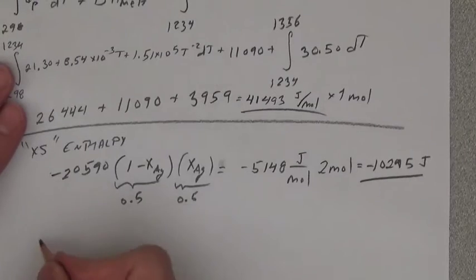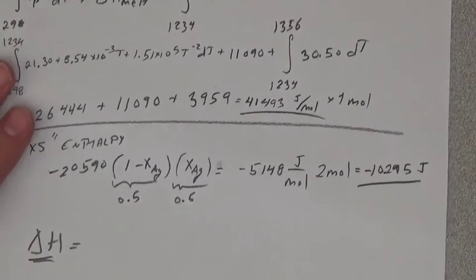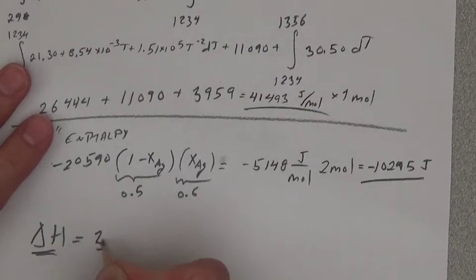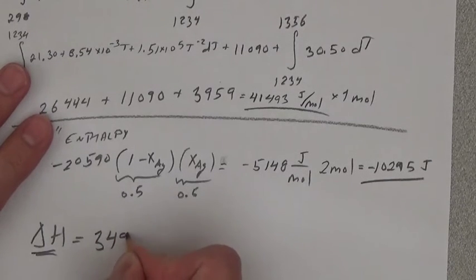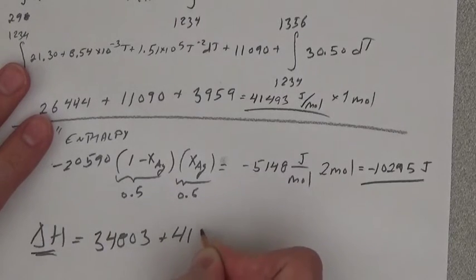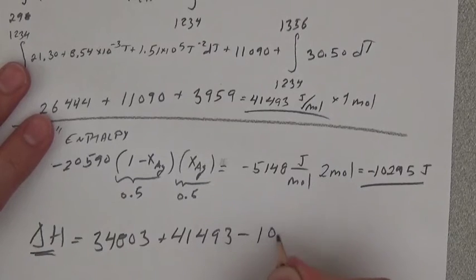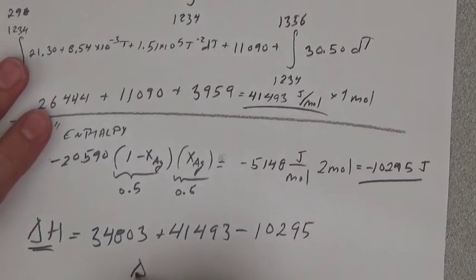which means that delta H is equal to 34803 plus 41493 minus 1295.